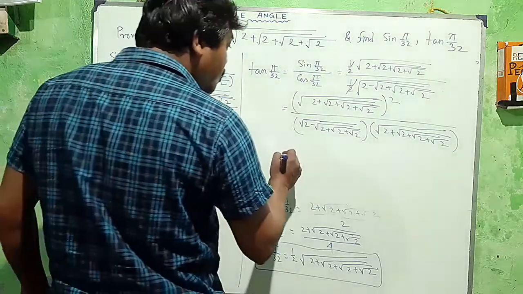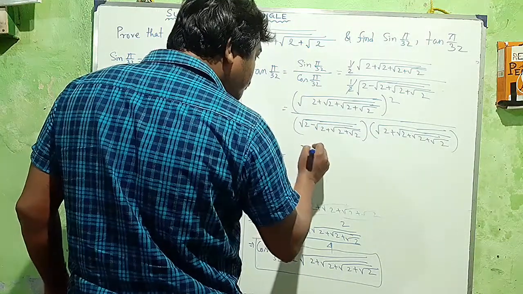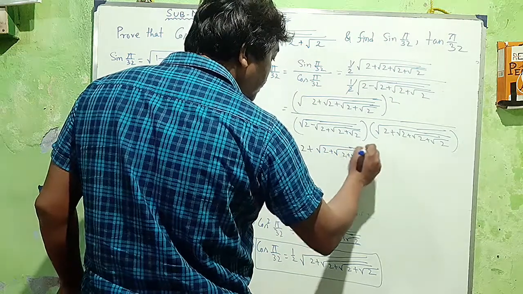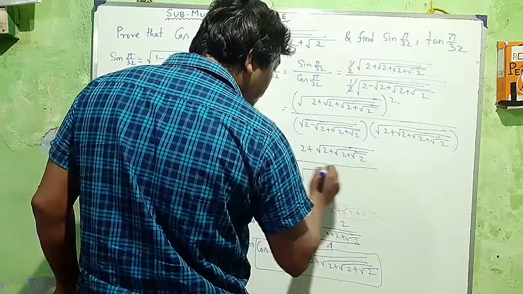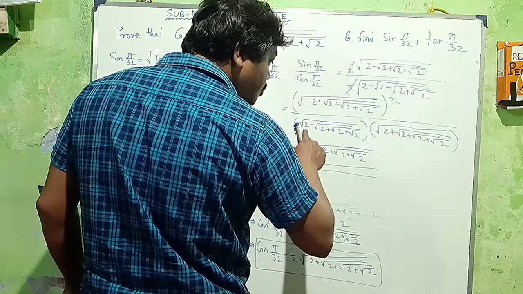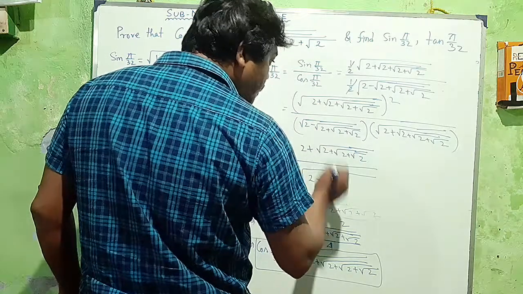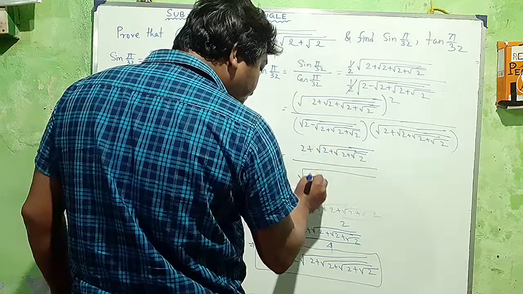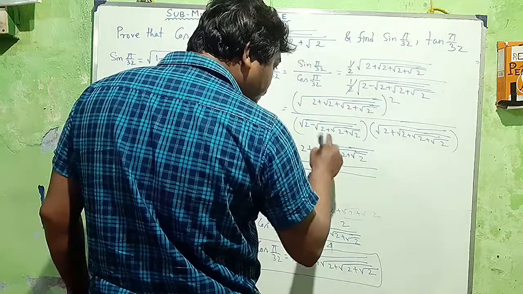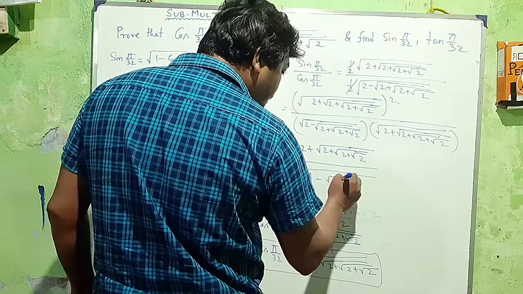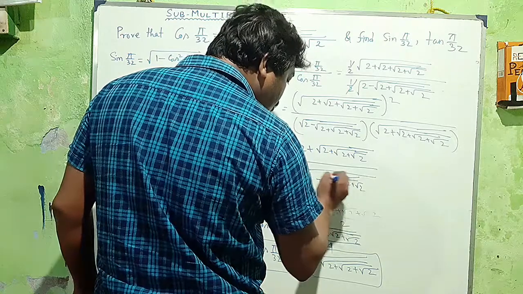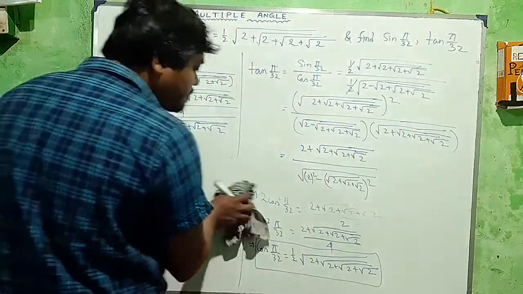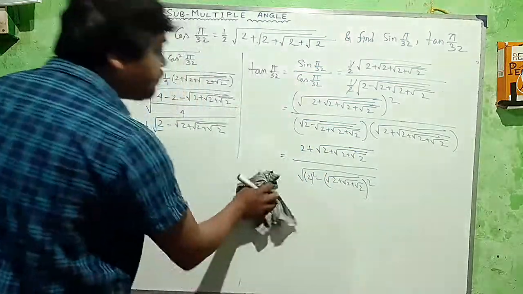Okay, so one root is cancelled, so we can write 2 plus root 2 plus root 2 plus root 2, and here this is a square minus b square, so that gives root 2 into root 2, that is 2, minus square root of a plus b, that is 4, minus 2 plus root 2 plus root 2 whole square. I used the a square minus b square formula here.